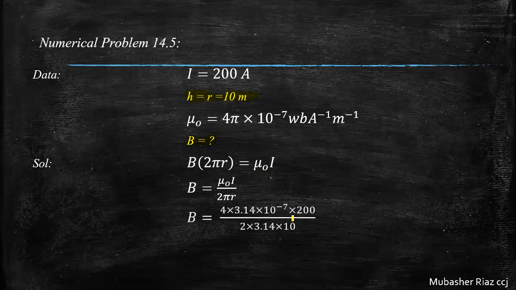So by putting their values, the strength of magnetic field produced at the ground is equal to 4 × 10^-6 Tesla. So this is the value of the magnetic field present at the ground due to that current carrying wire.